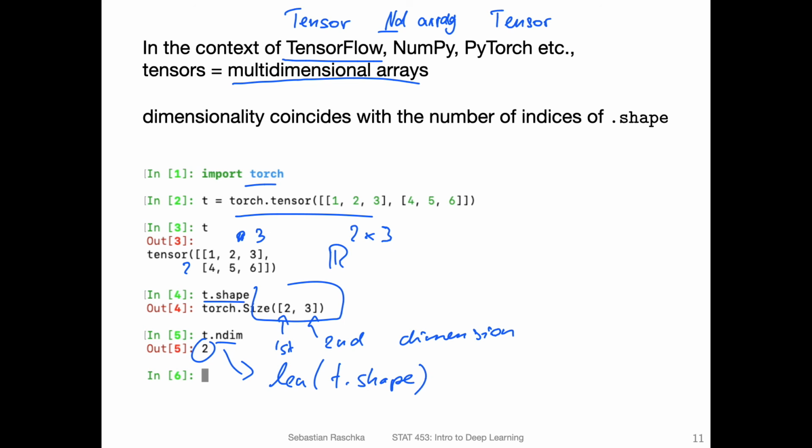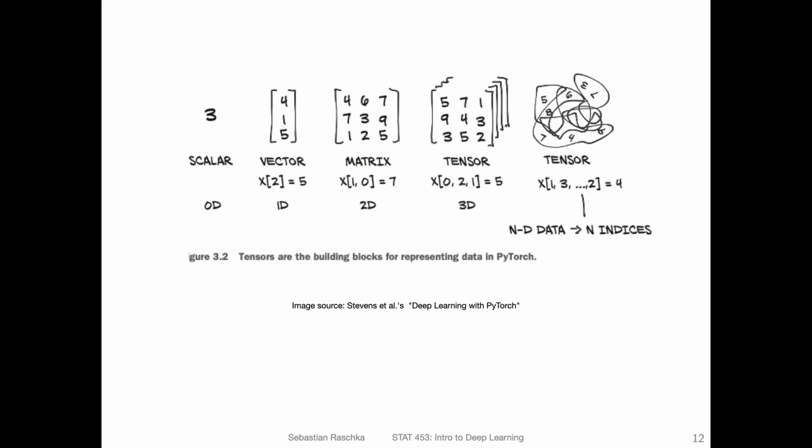So yeah, I just wanted to briefly highlight that tensors in the context of PyTorch and TensorFlow are the same as multi-dimensional arrays in NumPy. It's really the same concept. And here is also a nice summary from the Deep Learning with PyTorch book, where all the terms are here at one glance: scalar, vector, matrix, tensor, so in this case a 3D tensor, and here a higher dimensional tensor, so n-dimensional tensor. In this case, you actually don't know how many dimensions, could be arbitrary.